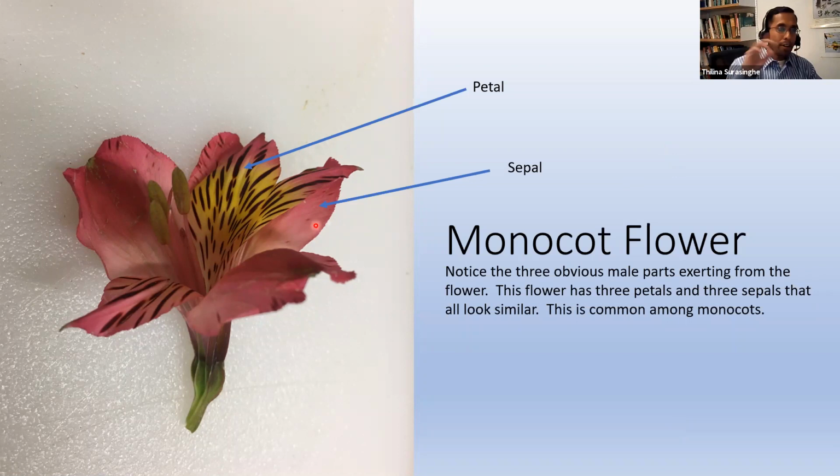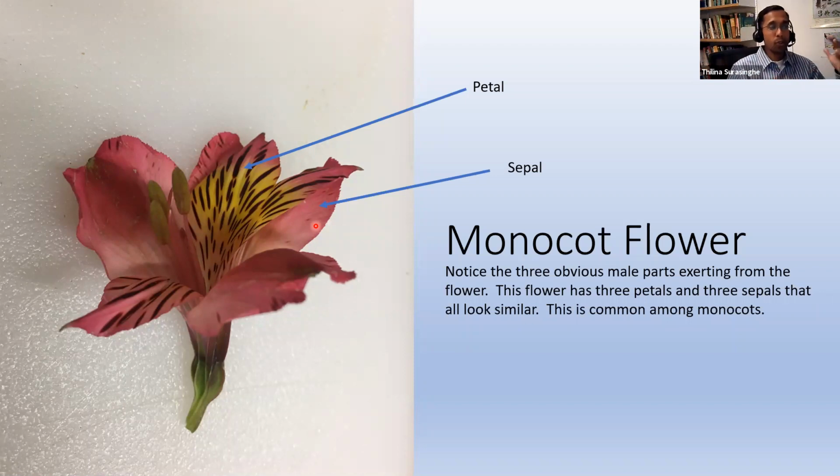So in a given flower, if you have two rings, they are not two rings of petals. The innermost part that immediately surrounds the reproductive parts are the petals, and petals usually are more colorful than sepals. The outermost part is the sepal.